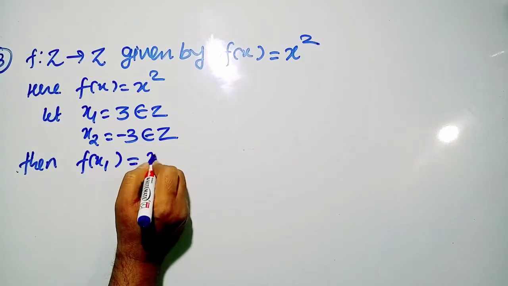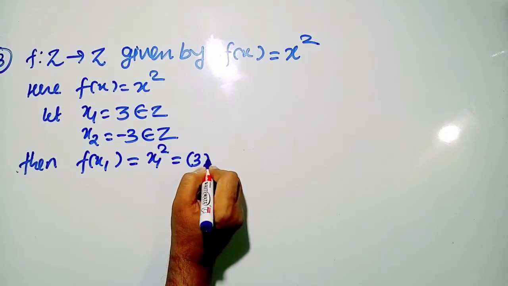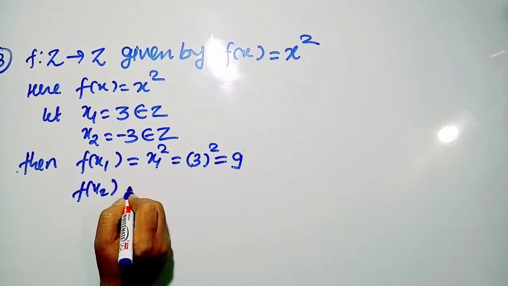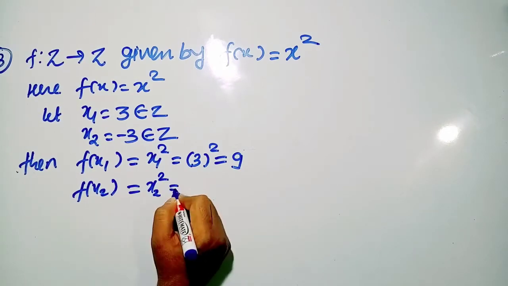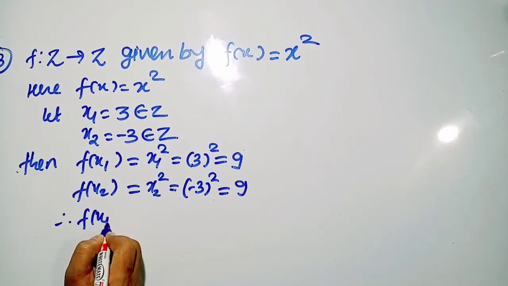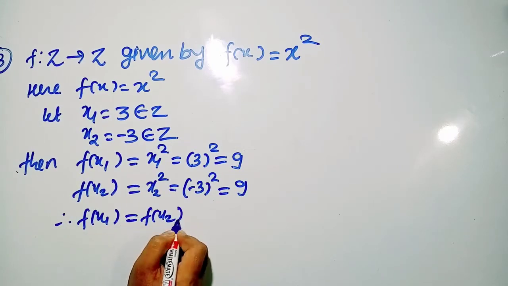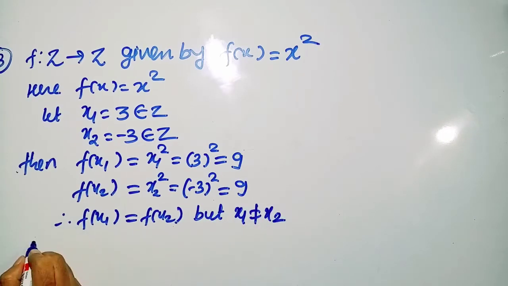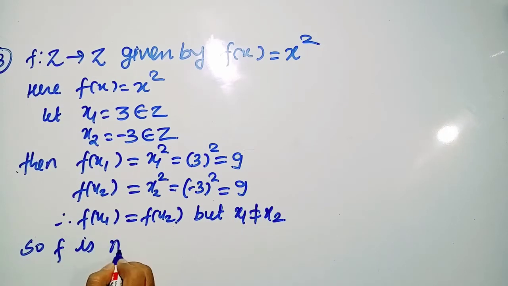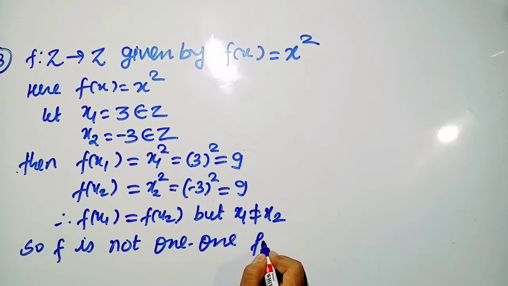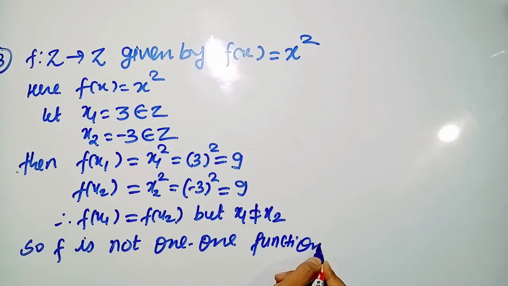So we can write f(x1) = x1², meaning 3² = 9, and f(x2) = (-3)², again we are getting 9. So we can say that f(x1) = f(x2), but x1 is not equal to x2. So the given function is not one-one as per the rule of a one-one function.